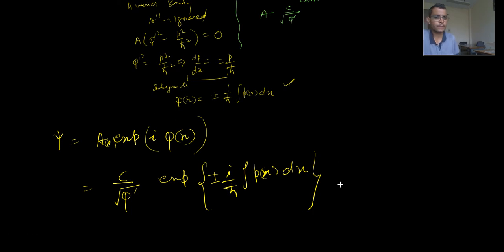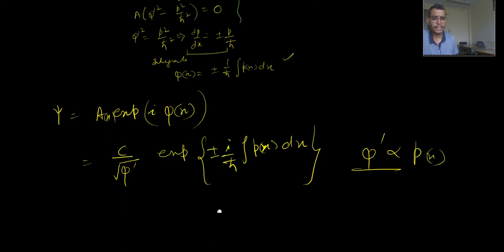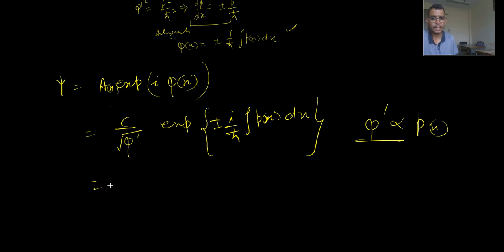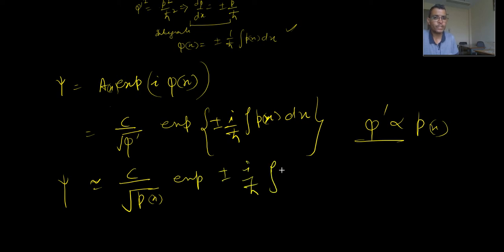Since this phi prime is proportional to p of x, keeping this in mind, I can write simply that this wave function psi is nearly equal to c over root p, and p is a function of x, and exponential plus minus iota over h cross integral of p dx.